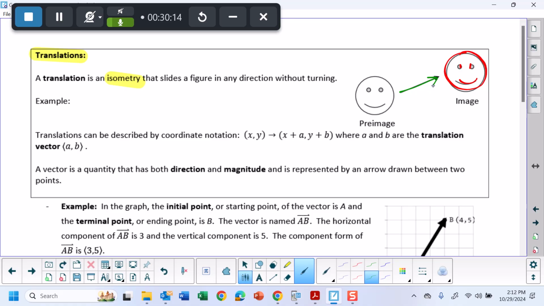So when I slide, flip, and turn my shapes around, it's not always going to be strictly horizontal. It's not always going to be strictly vertical. But what I can do is I can go ahead and recognize and come up with a conversation about how this moves.